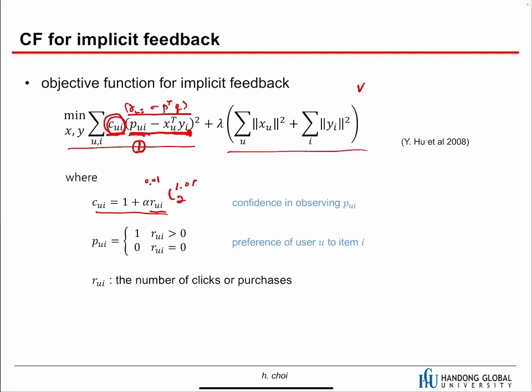So between 1 click and 100 clicks, the difference in c_ui is just twice. Based on this click information, we can estimate how likely the user would click that item or not, so we can recommend which item should be displayed on the user's screen.